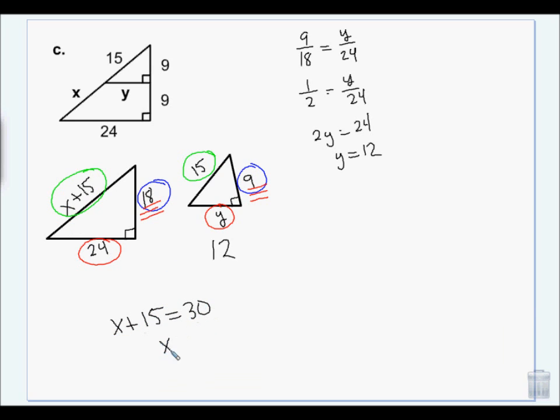So what's x? 15. So if you can see very easily, to turn this into this, you multiply by 2, or divide by 2, or whichever way you want to look at it. If you can see that there's a single whole number multiple or divisor to go from one to the other, you can just use that fact.